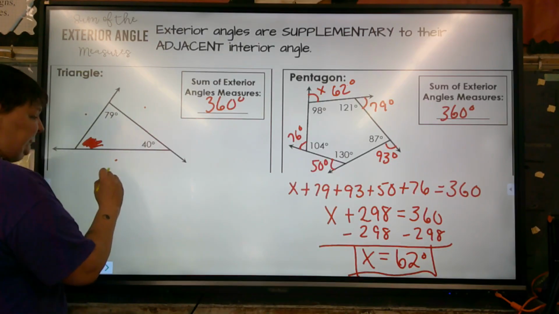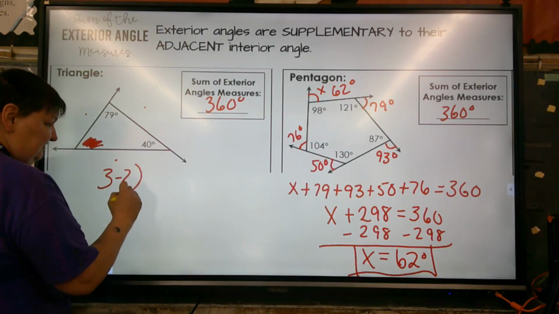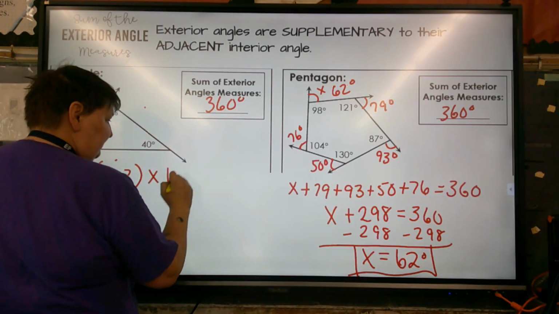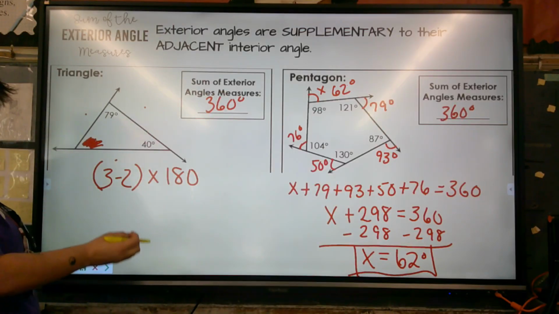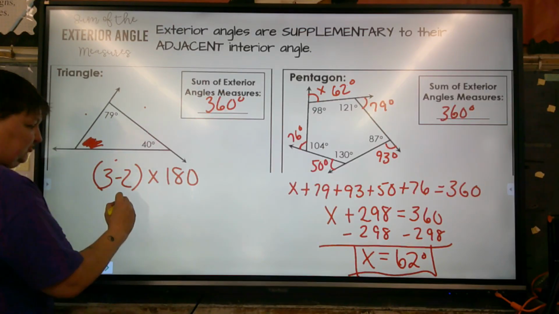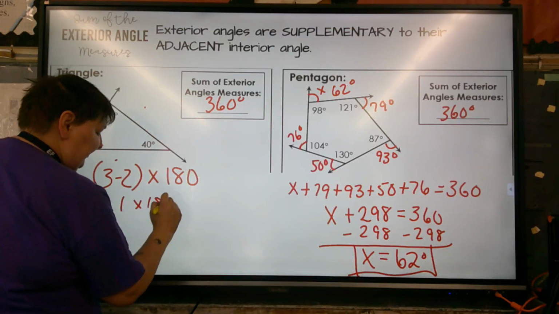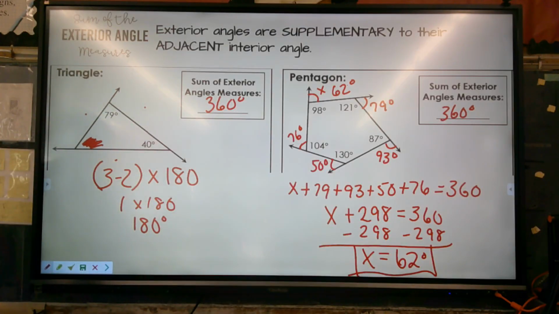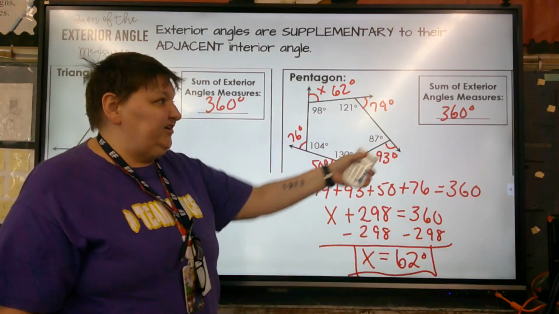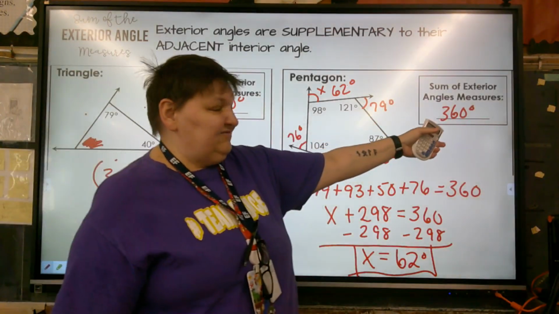If it has 3 sides, we use the formula to figure out what the sum of the interior angles should be. 3 minus 2 is 1 times 180, so it should equal 180 degrees. So you do the same thing, but it's going to be different for the interior. Every shape is going to have a different sum. For the exterior, all of the shapes are going to have a sum of 360.